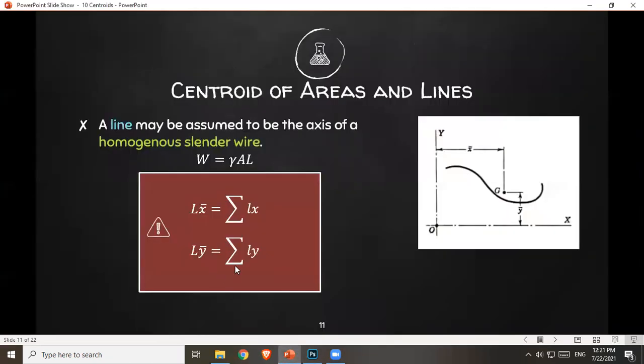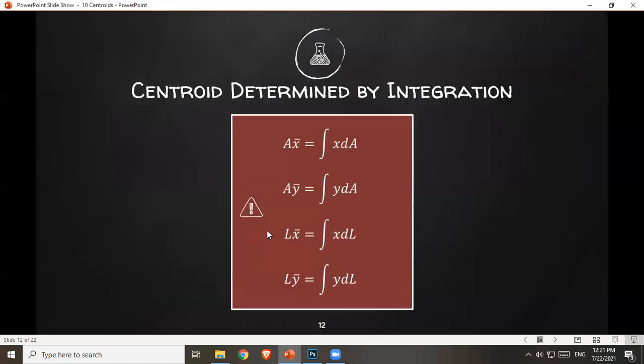Okay. Then we can also determine your centroid using integration. Now remember, what we've been doing so far is dividing or chopping up our weights, areas, lines into smaller pieces. Now you can divide that into very small pieces, and then we can just call that your differential dimension. So for example, we have your total A x bar, and then instead of summation, we're using the integral because we divided it into a differential area, dA.